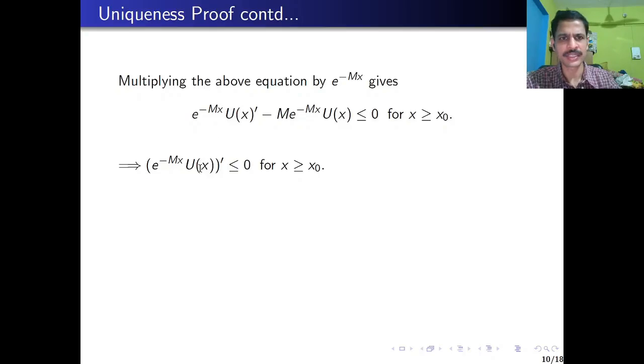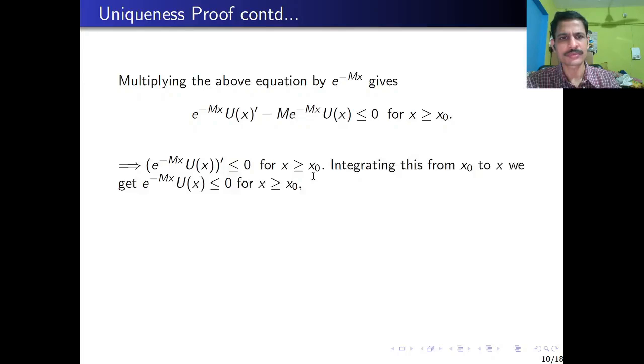If we differentiate it, first we differentiate the second term and leave the first as it is, and the second time we differentiate the first term and leave the second as it is. So this can be written as the derivative of e raised to minus mx ux, and this is less than or equal to 0 for all x greater than or equal to 0. Integrating this from x naught to x, we get e raised to minus mx ux is less than or equal to 0 for all x greater than or equal to 0.